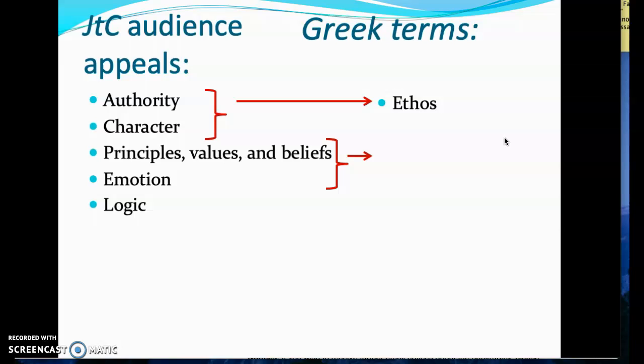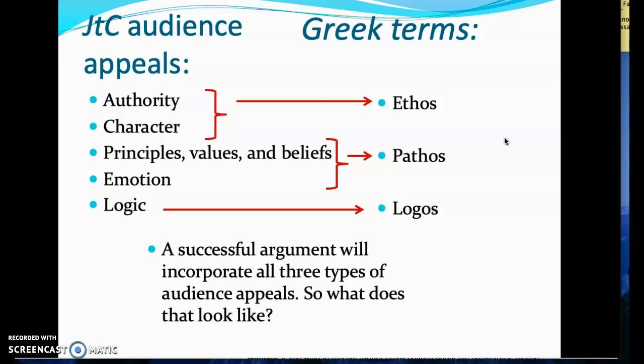Appeals to emotions or principles, values, or beliefs, these are called pathos, and appeals to logic are called logos. So these are appeals you want to incorporate throughout your proposal. Ideally, you would have at least one of each kind of appeal. So make sure that you do think about how you'll be incorporating these in your argument.